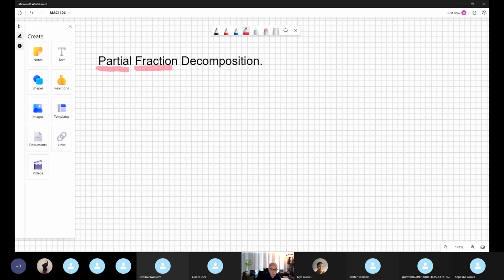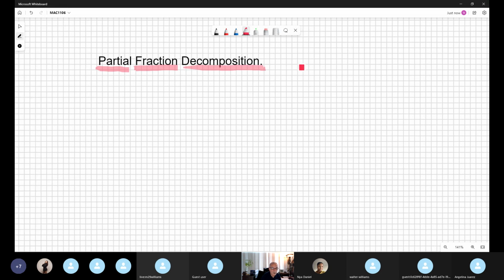Partial fraction decomposition. What is this about? Well, you have a rational function. We have 4 cases, and I want to explain them one by one.